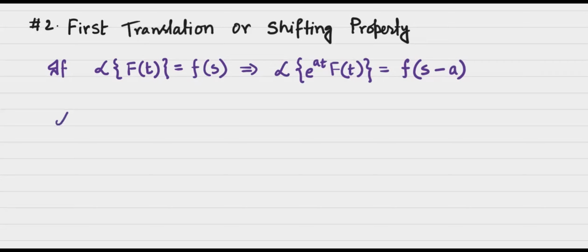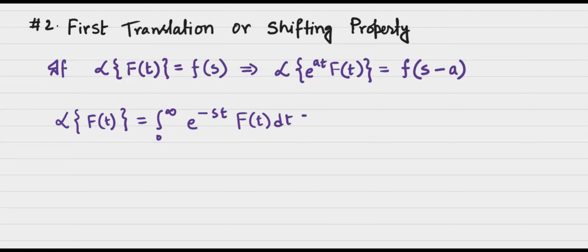So basically what you do is the following. You say, alright, notice if you have the Laplace transformation of f of t, this is going to be equal to integration from 0 to infinity e to the power minus st, as it is in the definition, and then f of t dt, and that is of course f of s. So basically you're defining what f of s means.